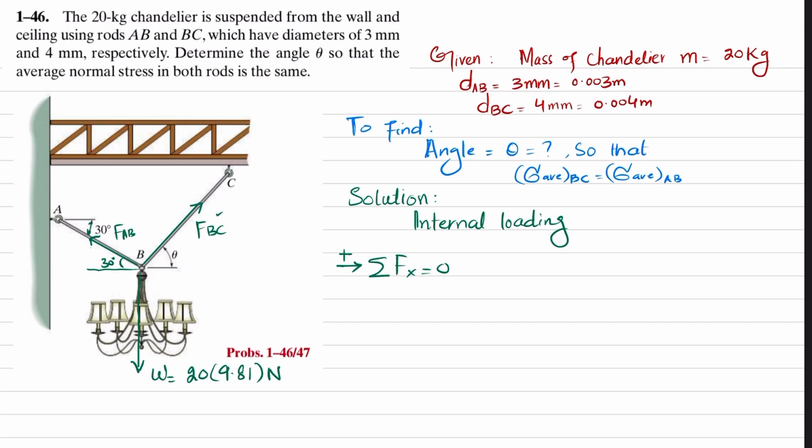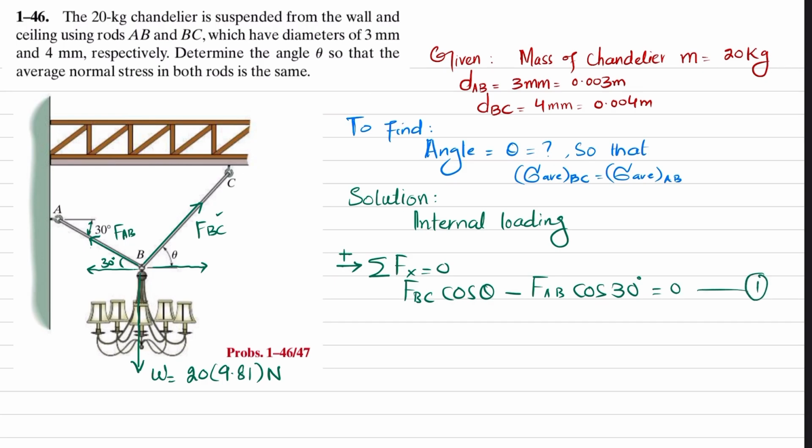FBC will have two components, one horizontal and one vertical. The horizontal component is FBC cos theta. Similarly, FAB has a horizontal component equal to FAB cos 30 degrees. So FBC cos theta is positive, minus FAB cos 30 degrees, equals 0. This is equation number 1.